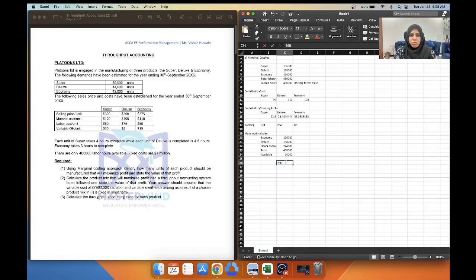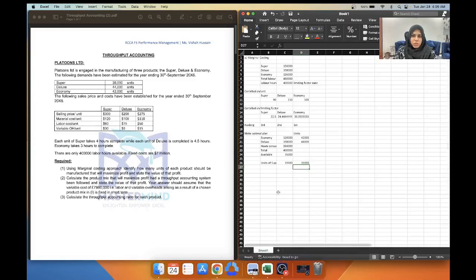So in order to get to know about that, you divide the hours available by the limiting factor, that is 4 hours for super. This tells you that okay, we are producing 19,000 units of super. So what becomes the optimal plan? Economy produces 42,000 units, 44,000 of deluxe, and 19,000 of super. I hope this is clear.